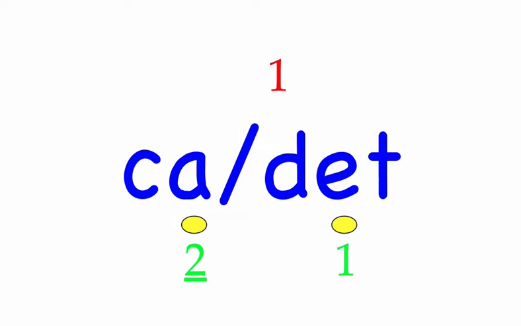The next word is grind. Grind. I need to grind some corn. Grind. 5 sounds. G, R, I, N, D. We don't have any teams here, so the first step is to identify our vowel sounds.